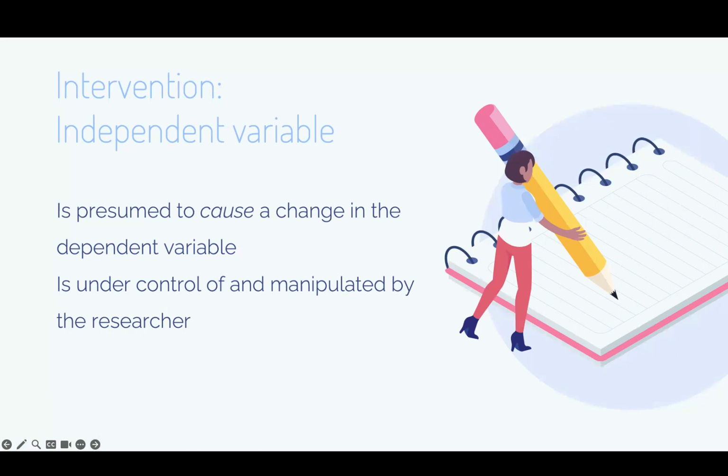This controlled manipulation is what allows us to draw a conclusion about the causality between the independent variable and the dependent variable. Without this control, we cannot confidently demonstrate that the intervention is responsible for the observed changes.